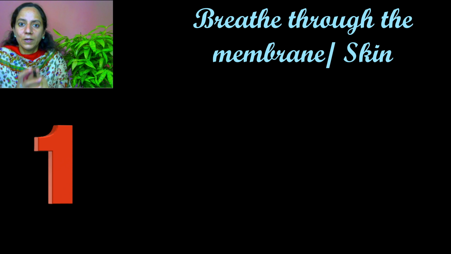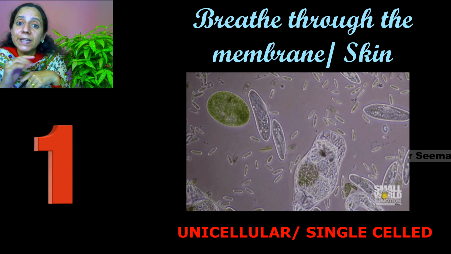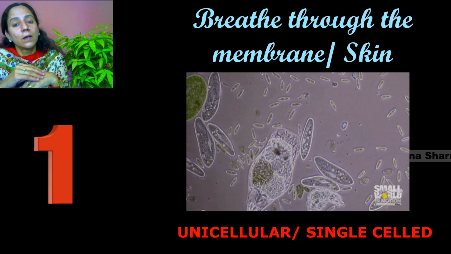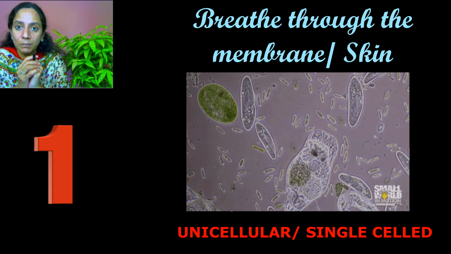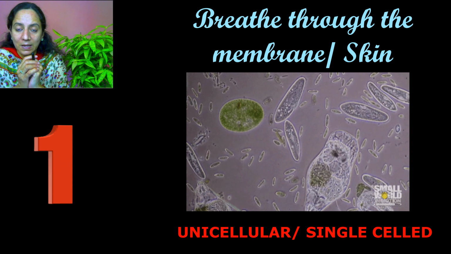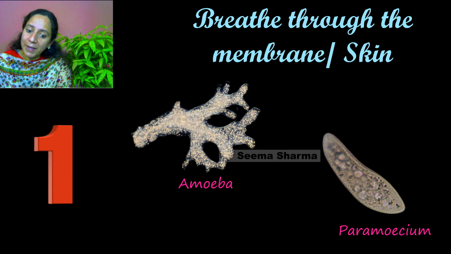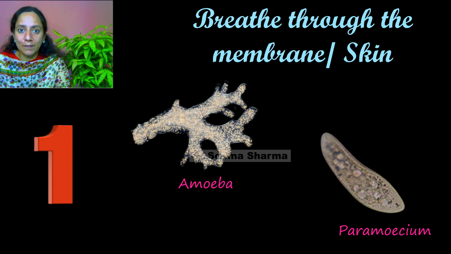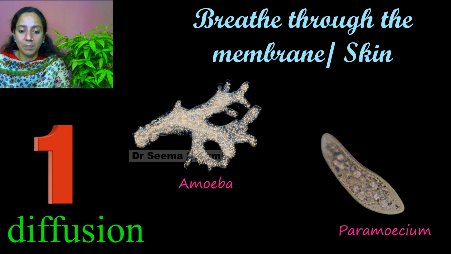Viewers, there are organisms which are made up of only one cell and they are called unicellular organisms or single cell organisms. In those single cell organisms, there is no special structure meant for the exchange of gases. So in unicellular organisms like amoeba and paramecium, exchange of gases takes place by diffusion through the cell membrane.